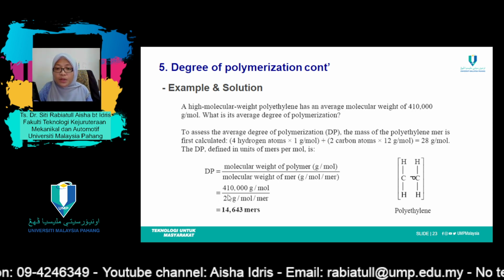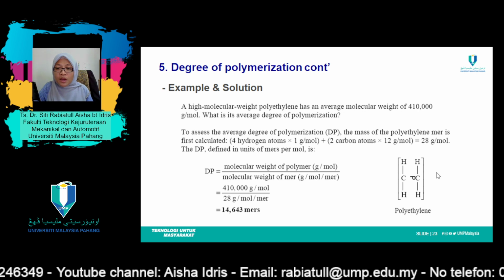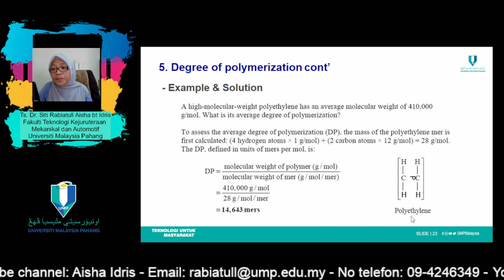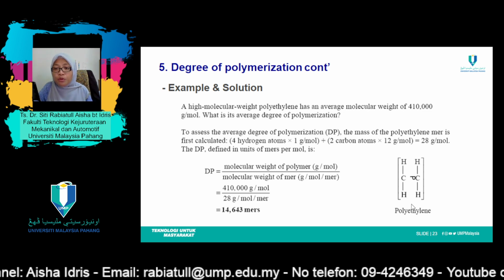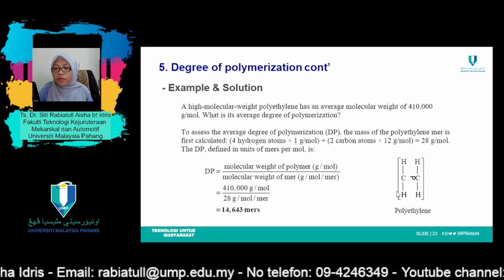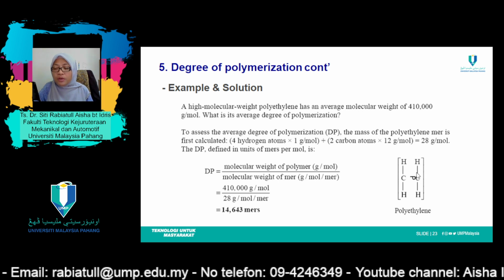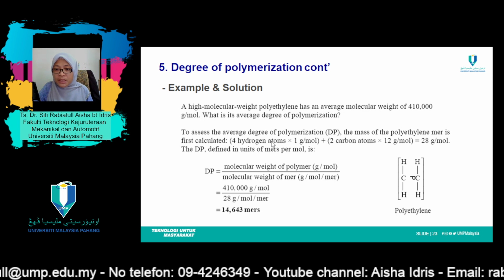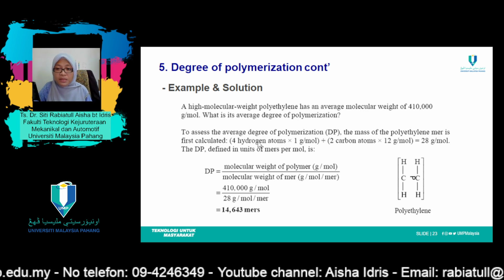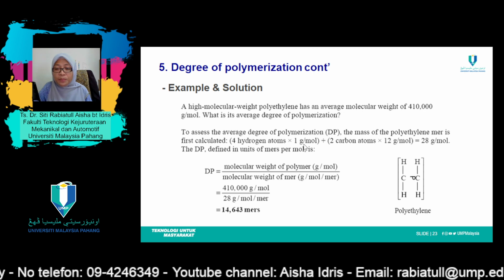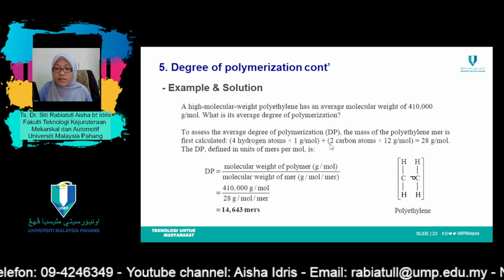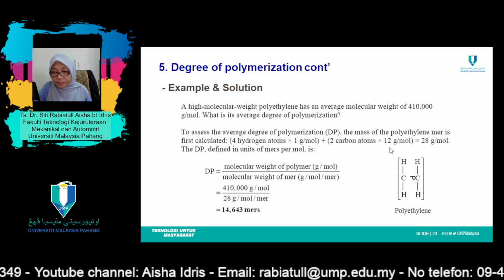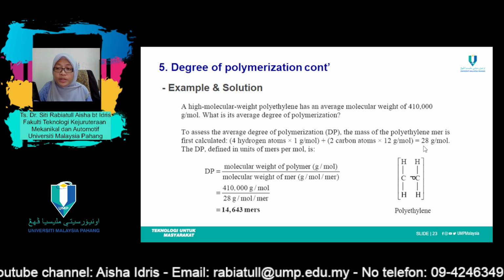This value actually comes from its own bonding for polyethylene. We know that there are 4 hydrogens and 2 carbons. So multiply hydrogen atoms by 1 gram per mole, plus 2 carbons times 12 grams per mole, which equals 28 grams per mole.